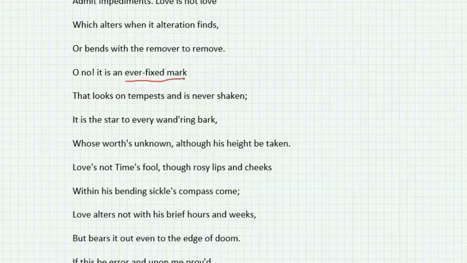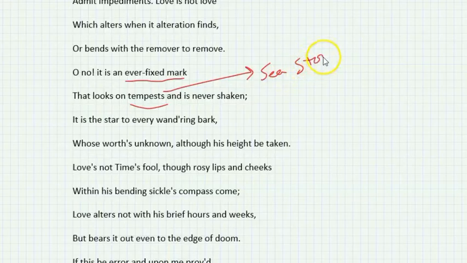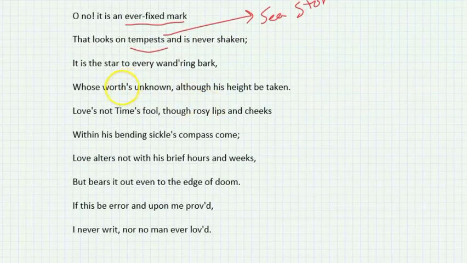So love is being personified with something which is not shaken even in the dark tempests. Tempest means sea storms.